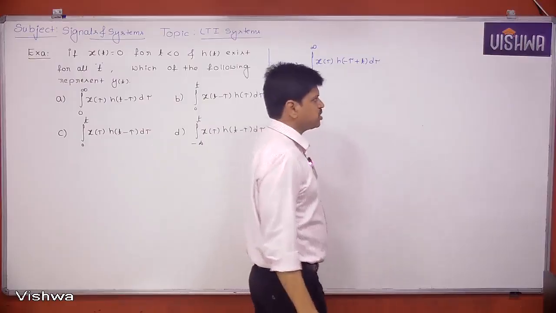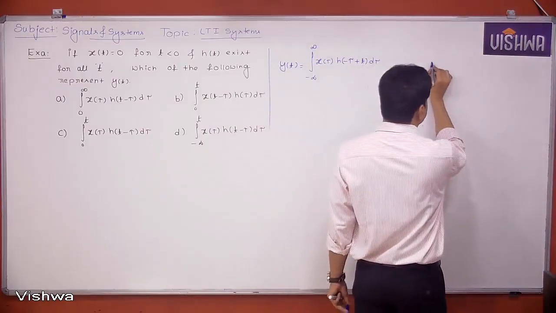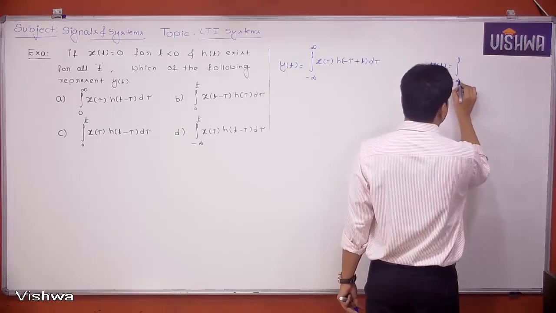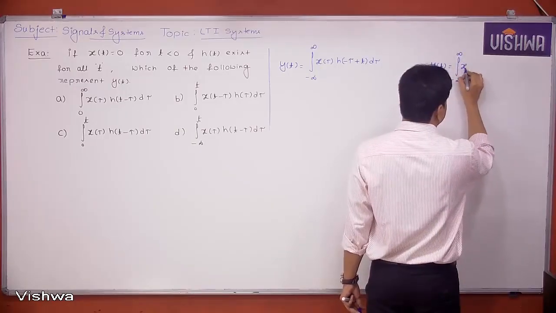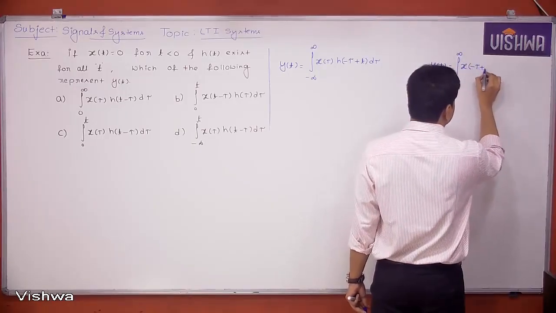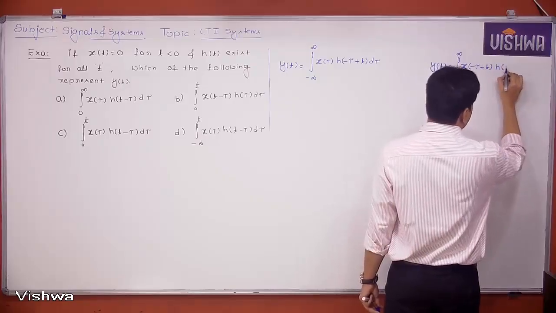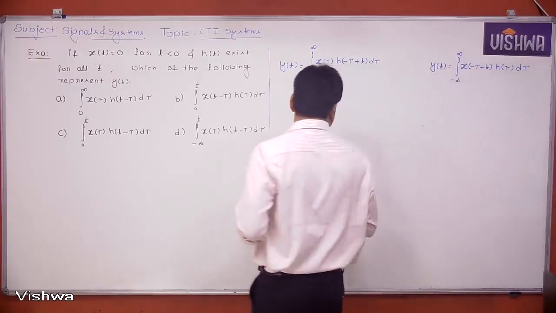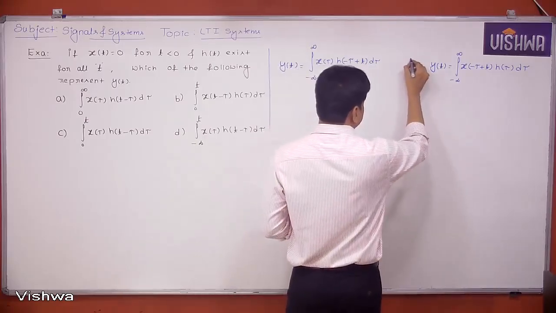This is one expression. Another expression, y of t is equal to integral minus infinity to infinity x of minus tau plus t h of tau d tau. Either expression we can use.